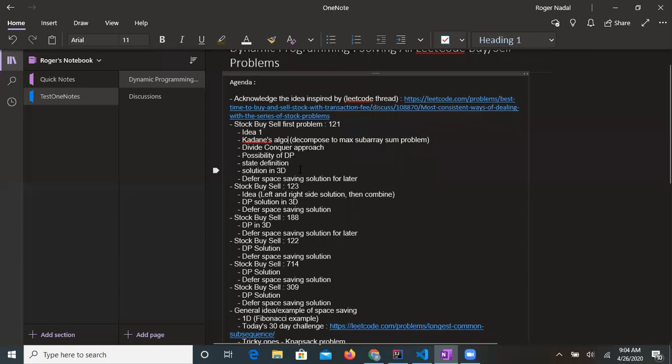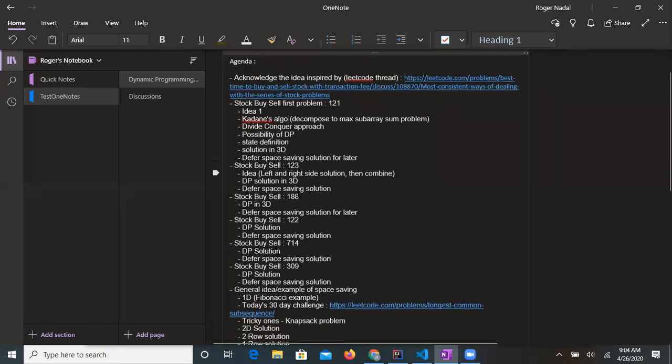Then we will solve in 3D. I don't want to go to the space saving solution yet, because once people have the state diagram or the transition functions, it doesn't take too much effort to solve the problem. This solution works, so we'll do that later.